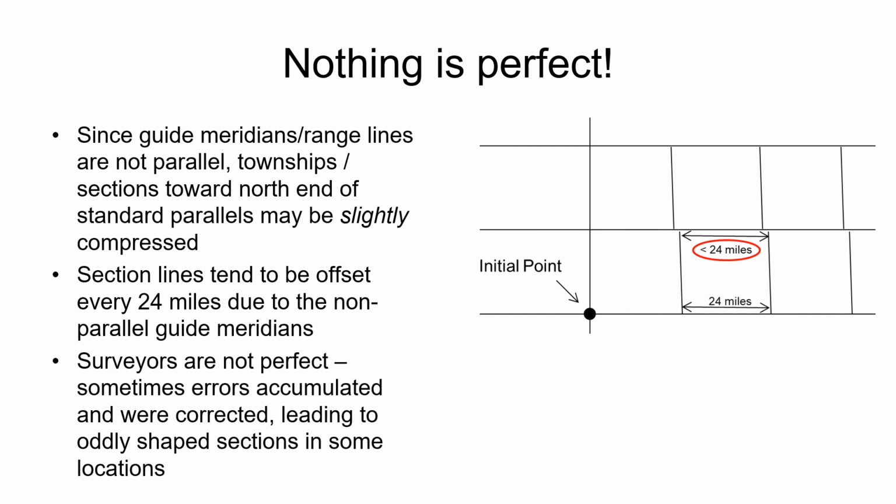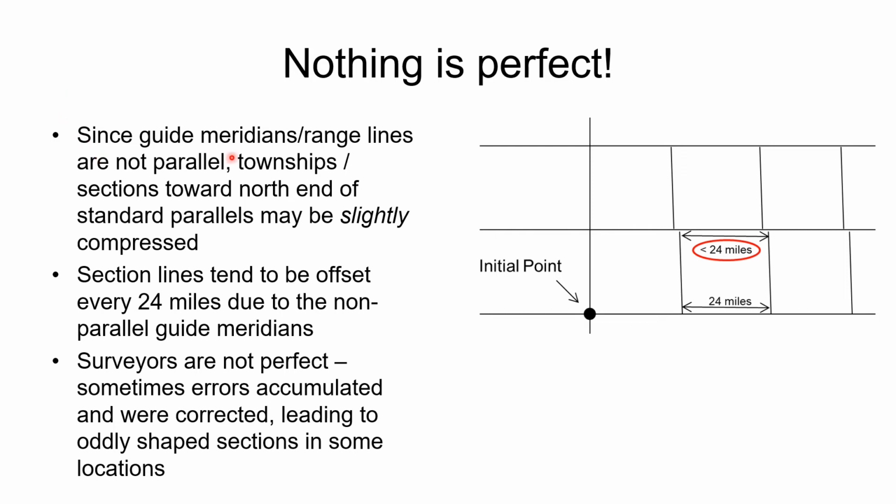It's important to remember that in a survey, nothing's perfect. So I've been showing you a bunch of perfectly square parcels, for instance, that are exactly a mile on each side. But, both due to the shape of the earth and other issues, these things are not always perfect.